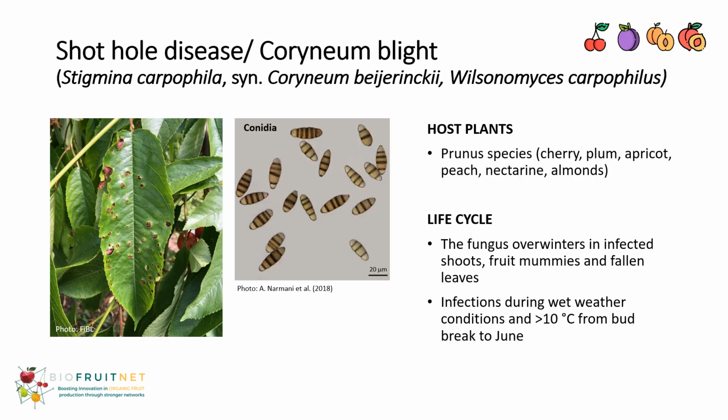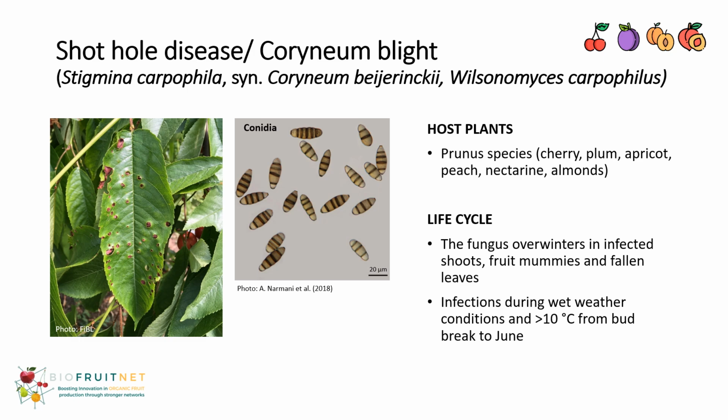Shot hole disease, also known as Coryneum blight, is caused by the fungi Stigmina carpophila, previously called Coryneum beijerinckii or Wilsonomyces carpophilus. Cherries and plums are particularly susceptible, while infections are also possible in peaches and apricots.